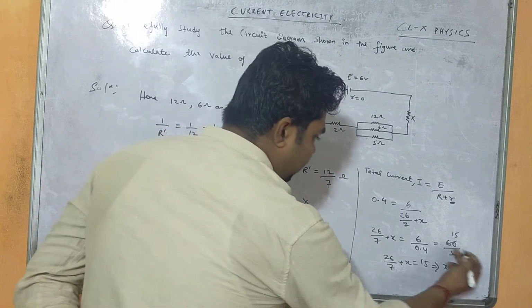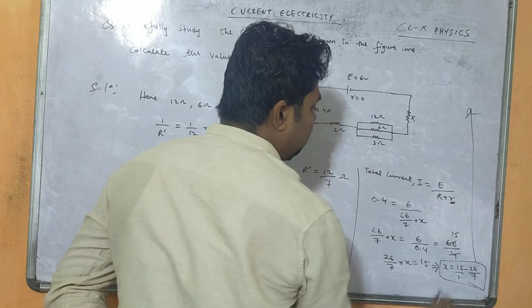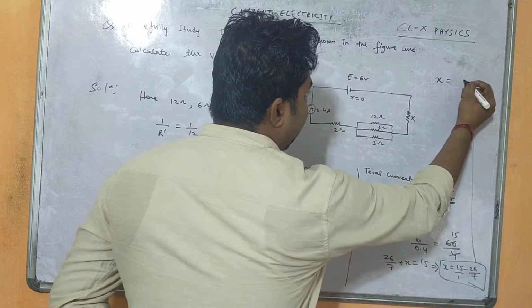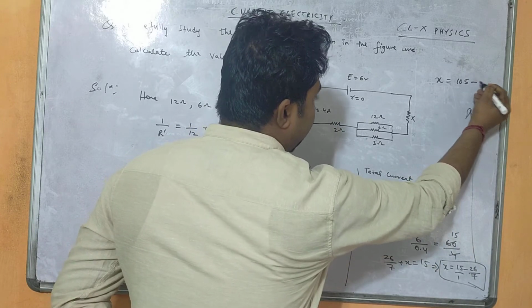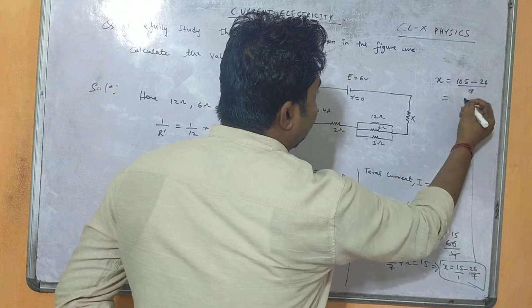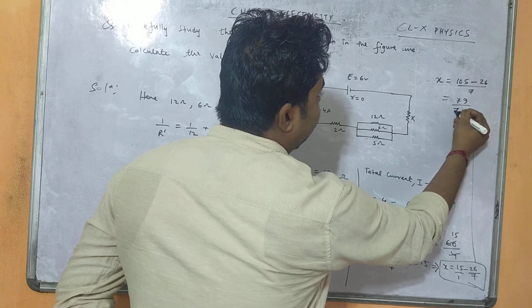Let me solve this here. X equals 7 fives are 35, that is 105, minus 26, by 7. When we subtract, we will get 79/7.